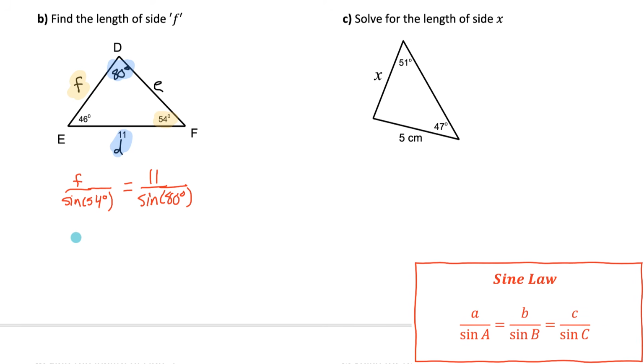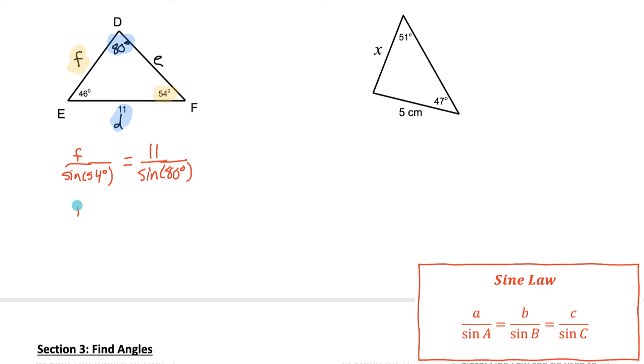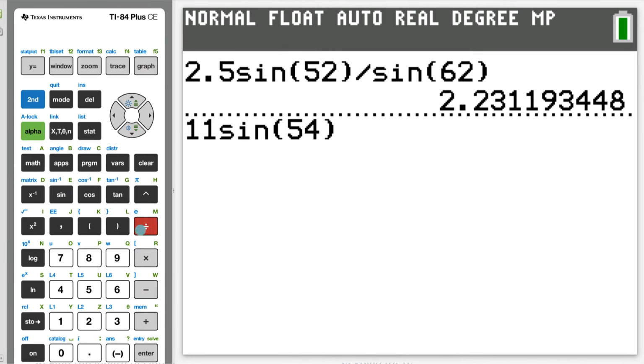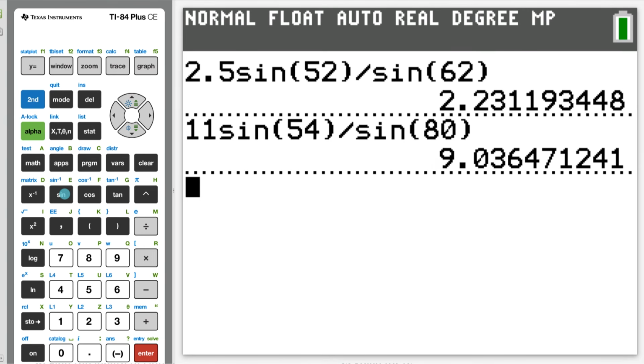I now have an equation with one unknown. Let's isolate the F by multiplying the sine 54 to the other side. So I have F equals 11 times sine 54 divided by sine of 80. And you can use your calculator, as long as it's in degree mode, to get your approximate value of this. 9.04.